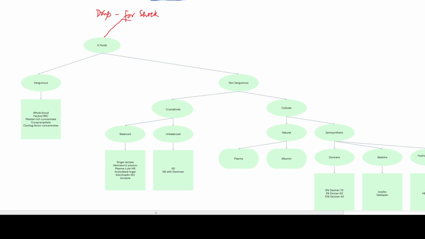And when the IV fluids don't work, then we have got two classes of drugs which are basically vasopressor agents and cardiotonic drugs, or inotropic drugs.